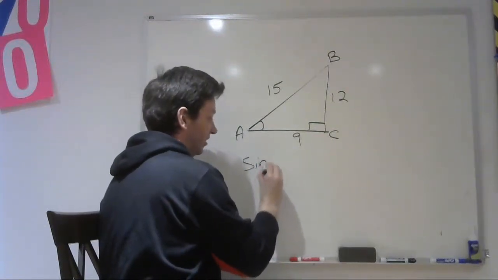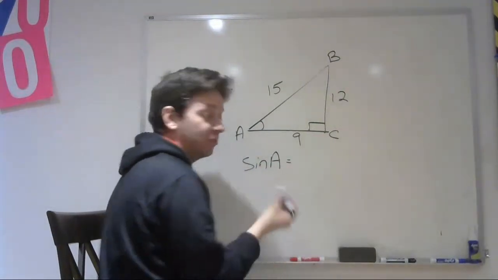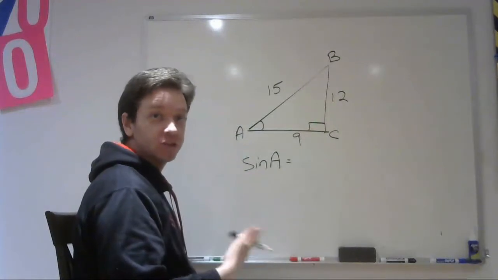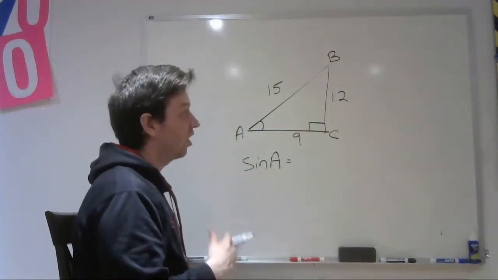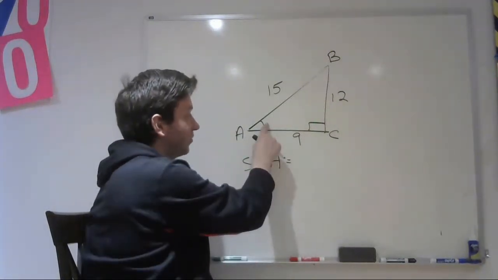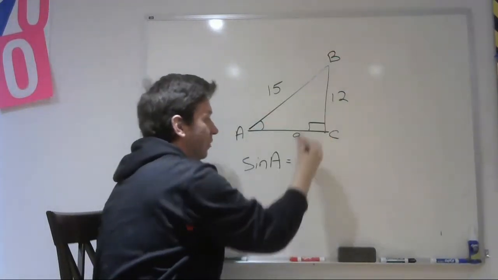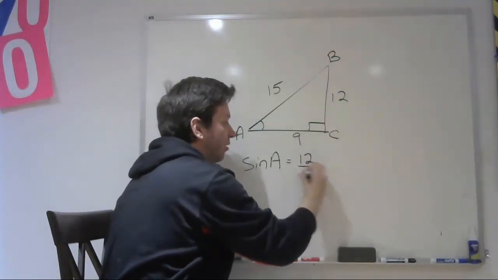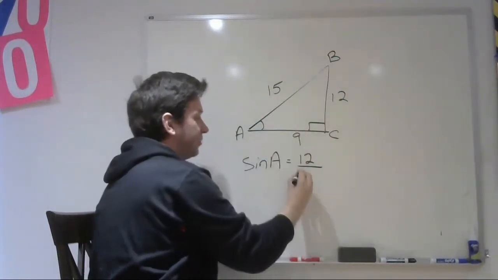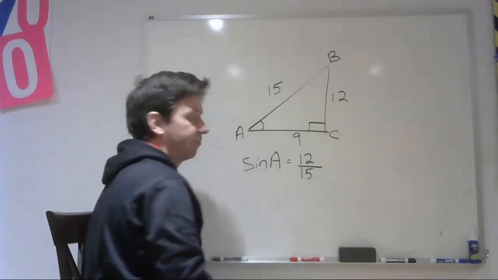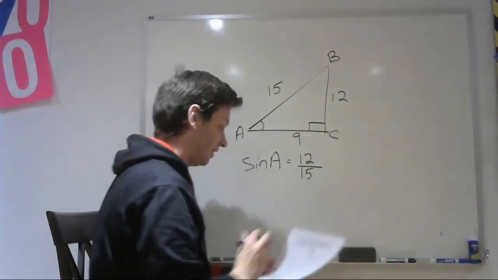So in this case, the sine of A is what? Well, sine is SOH, opposite over hypotenuse. So the opposite side to this angle is 12 over the hypotenuse, which is 15. Next is cosine.